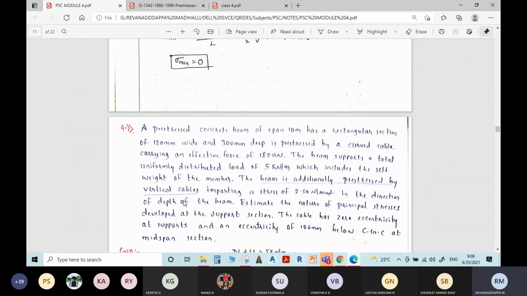Over. Over, students. Written. Written the problem.